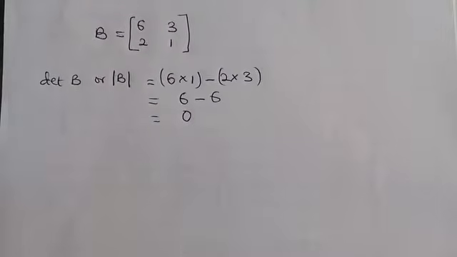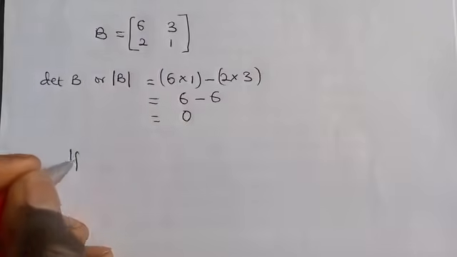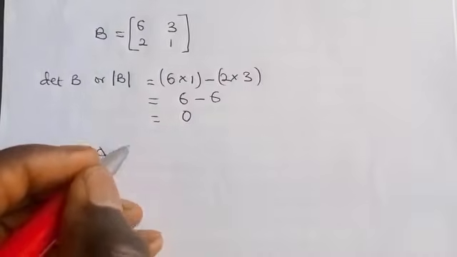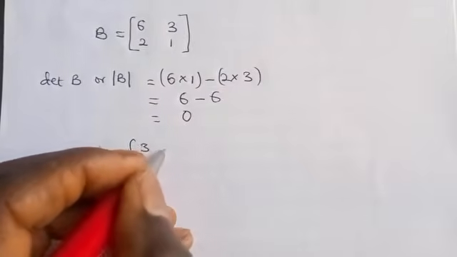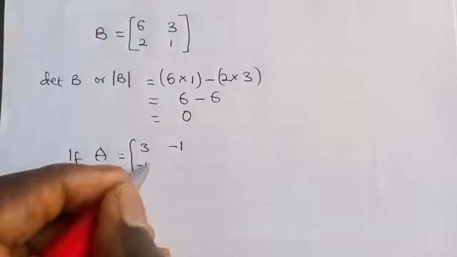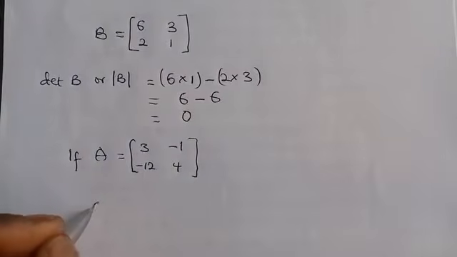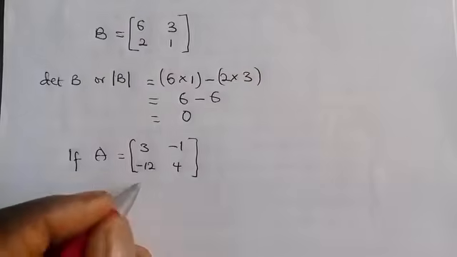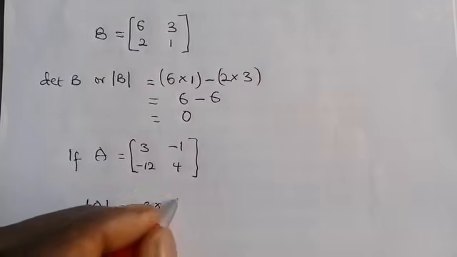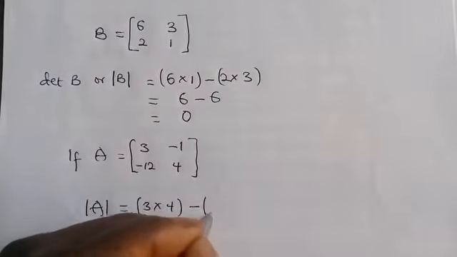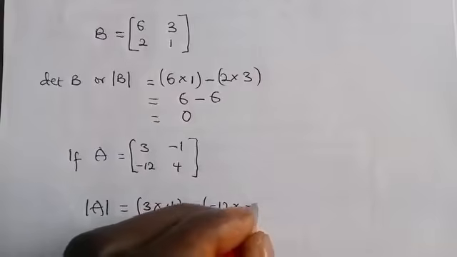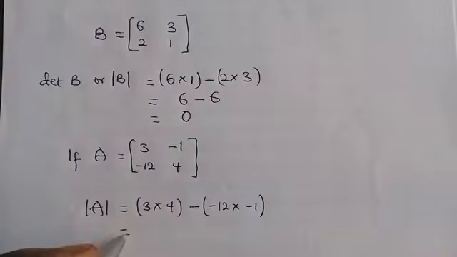Also, if you have matrix A to be equal to 3, -1, -12, and 4, the determinant of this matrix A will be equal to 3 times 4 minus 12 times -1. That is 3 times 4 is 12, minus 12 times -1, we have 12.